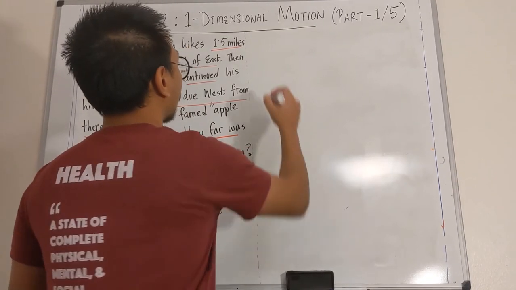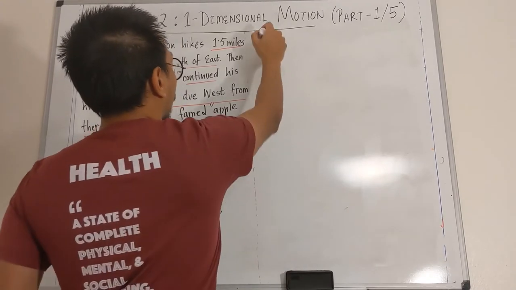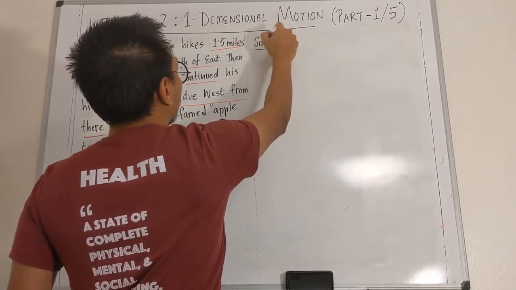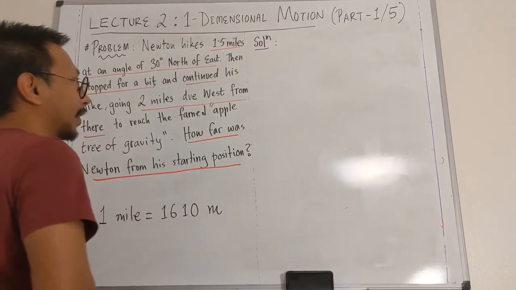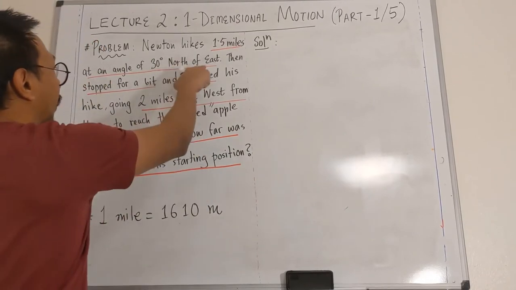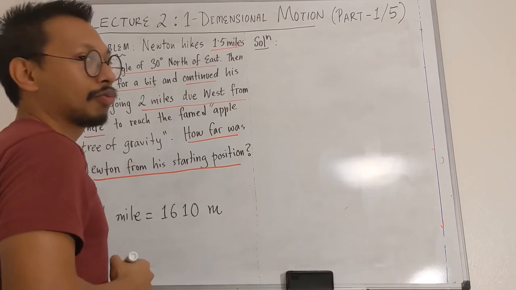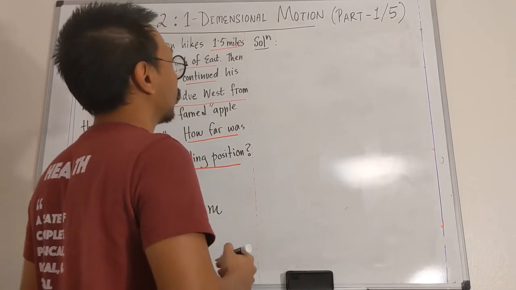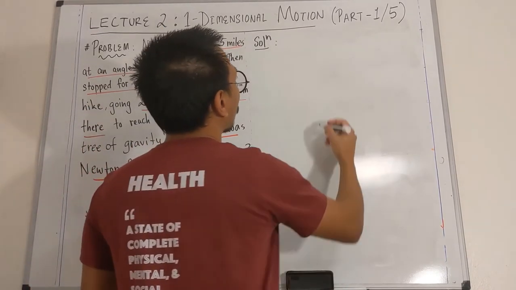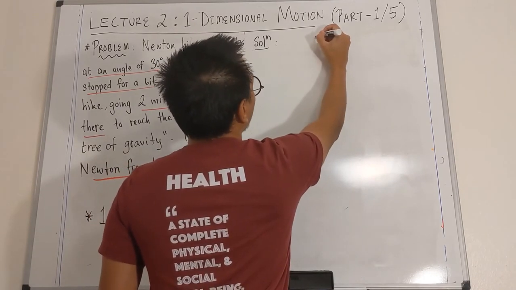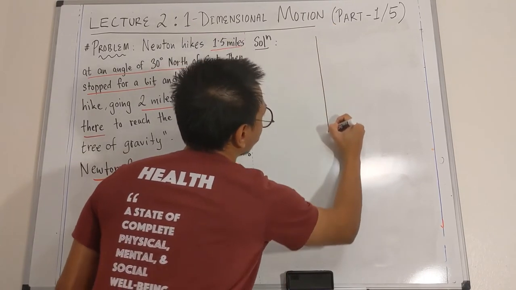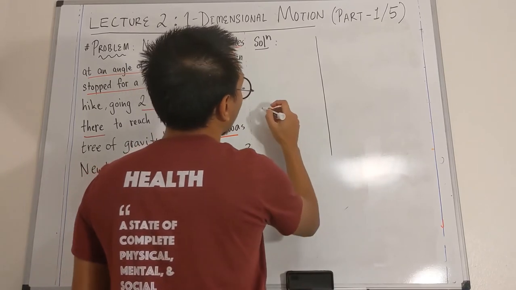Start with a choice of axis, okay, because here we have north, east, west directions. So without defining which direction is north or south or east or west, we can't start the problem. All right, so let's draw an axis.